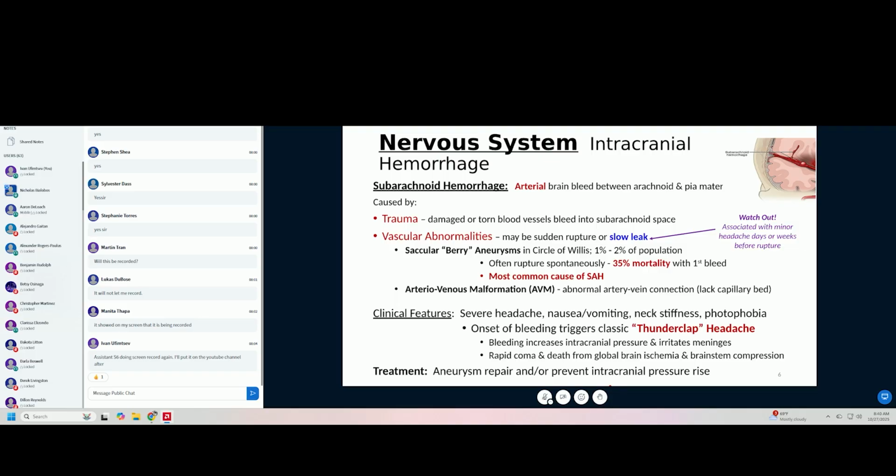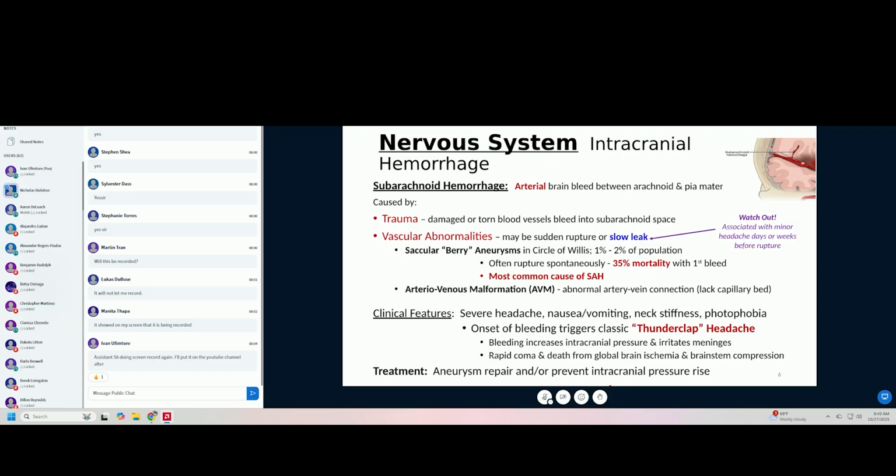But one thing you have to be aware of with these vascular abnormalities is that if the vessel leaks a little bit, the patient may present, or may say later on, that they had a headache before the actual rupture, because that blood is irritating in that subarachnoid space.